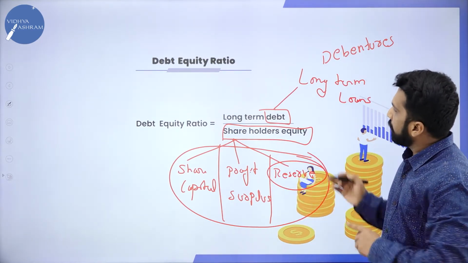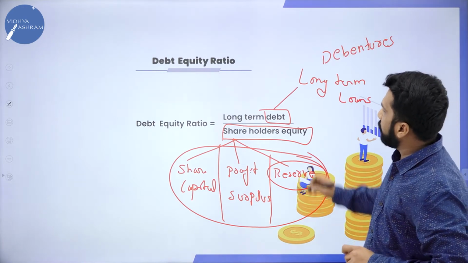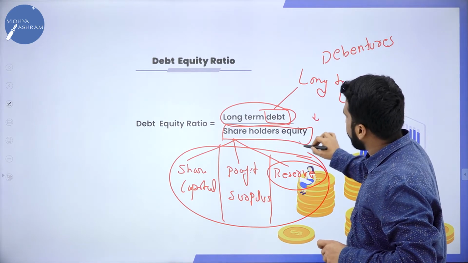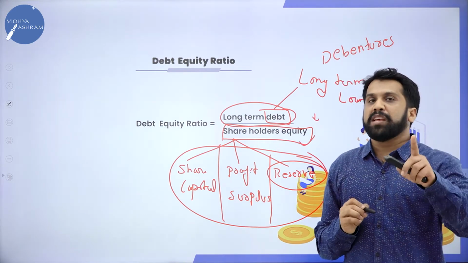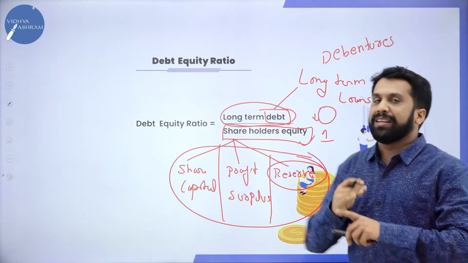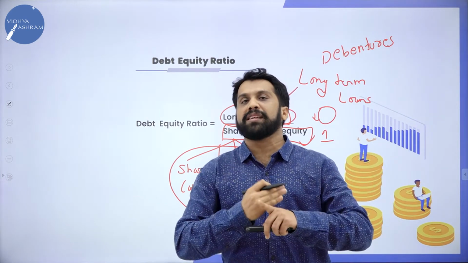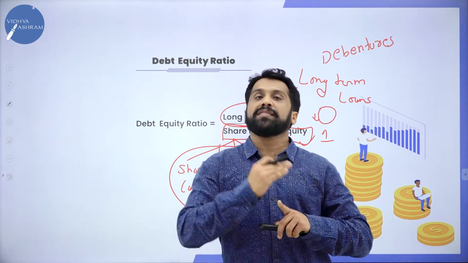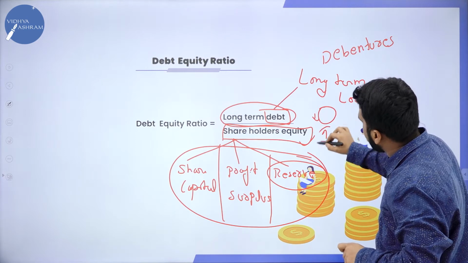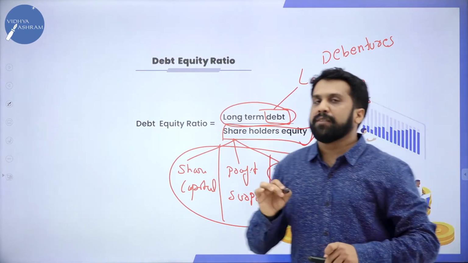Before going to the second one, remember your debt should be less than your shareholders fund. If your shareholders fund is 1, debt should be less than 1. It may be 0.75, 0.50, whatever it may be, it should be lesser than your shareholders fund.